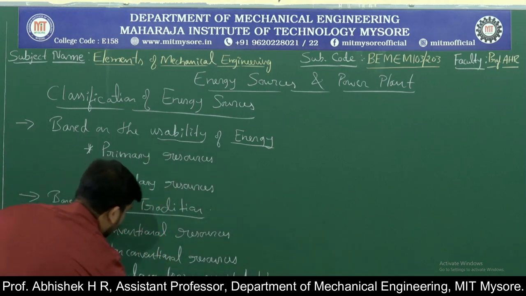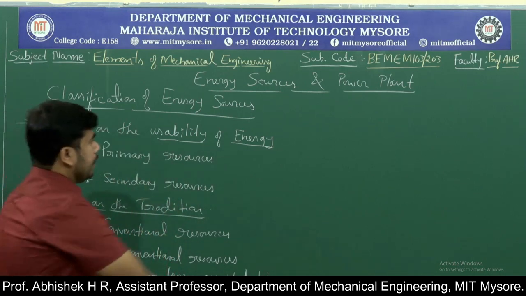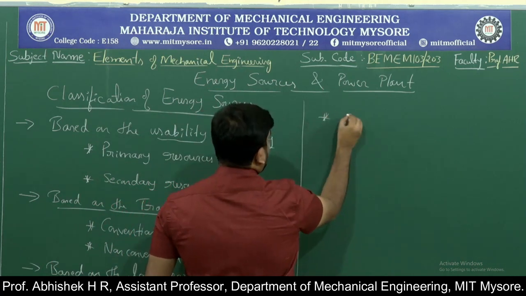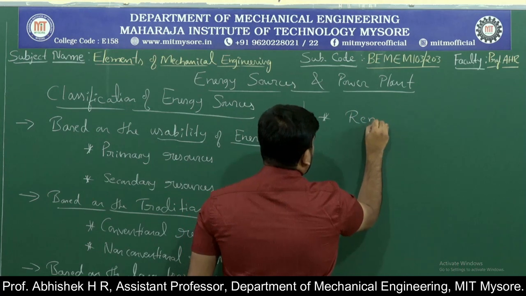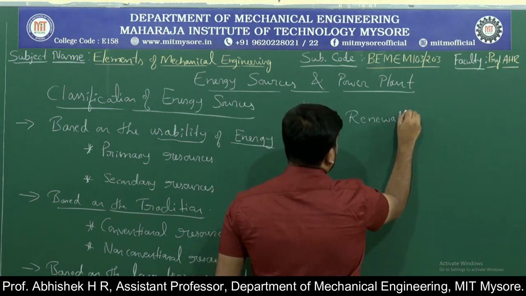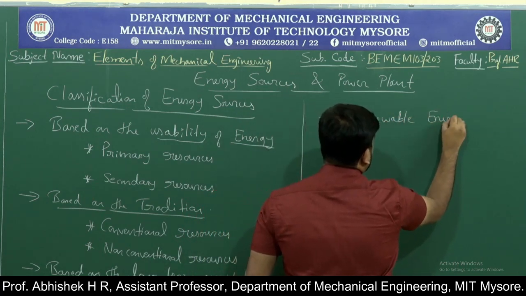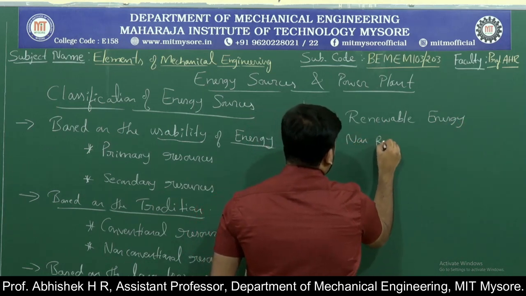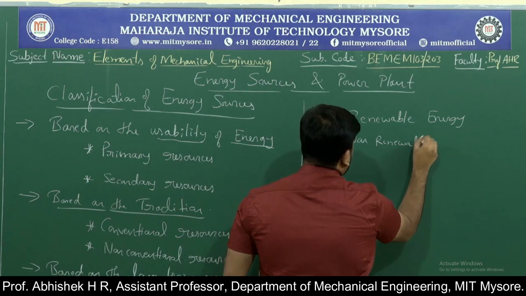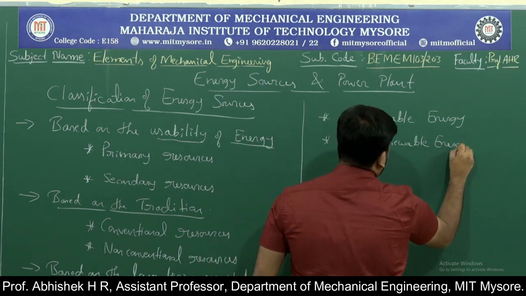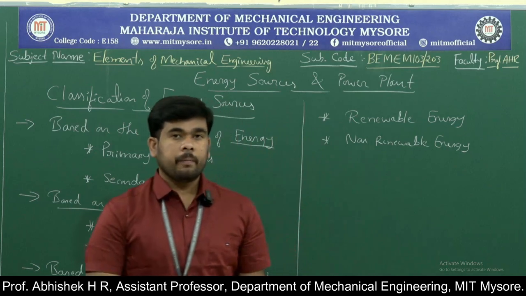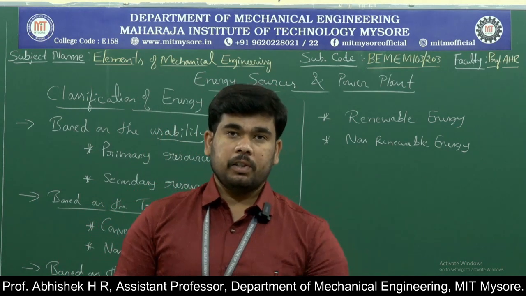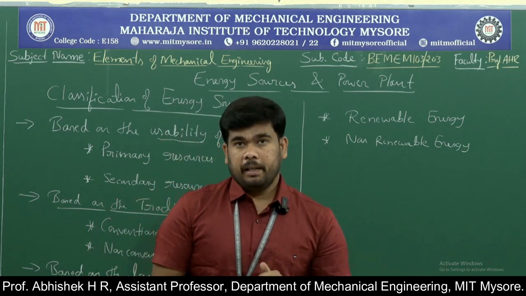Based on the long-term availability, the first type is renewable energy resources. The second one is non-renewable energy resources. As the name itself suggests, it relates to long-term availability.